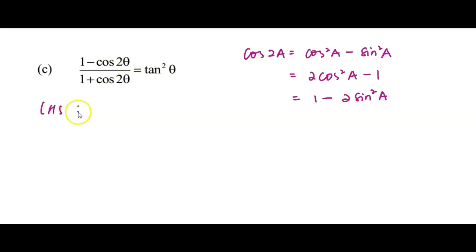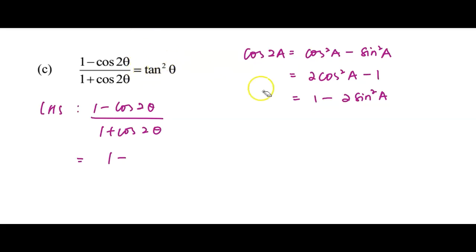Okay, we start from the left hand side first. That is 1 minus cos 2 theta over 1 plus cos 2 theta. Now I'm going to change the cos 2 theta using maybe the second formula or the third formula, because I hope that I can get sine over cos. Sine over cos is equal to the tangent.